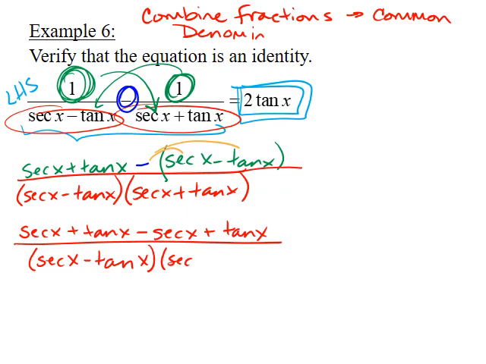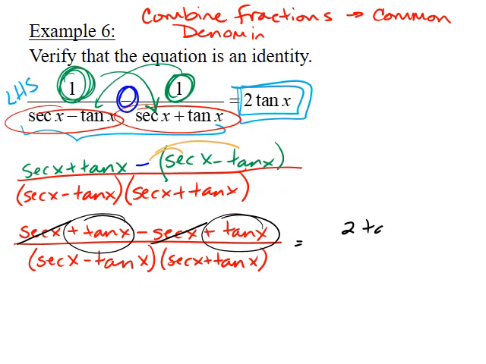I'm just going to leave it as is. In the numerator, I'm going to cancel the secant of x, and I'm left with tangent of x plus tangent of x. When I'm adding these, I get 2 tangent of x. When I multiply, I get tangent squared.